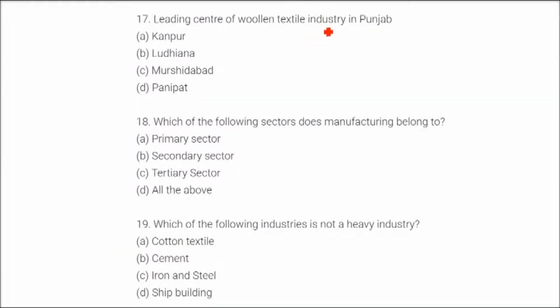Leading center of woolen textile industry in Punjab, it is Ludhiana. Which of the following sectors does manufacturing belong to? It is secondary sector. In our country, the primary sector is always agriculture. Which one of the following industries is not a heavy industry?